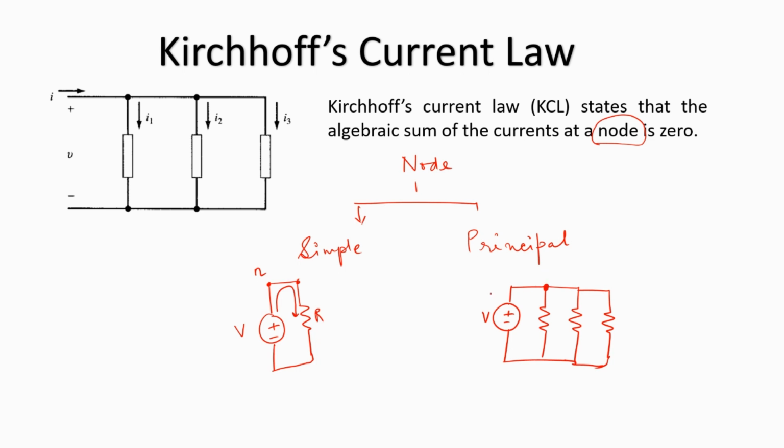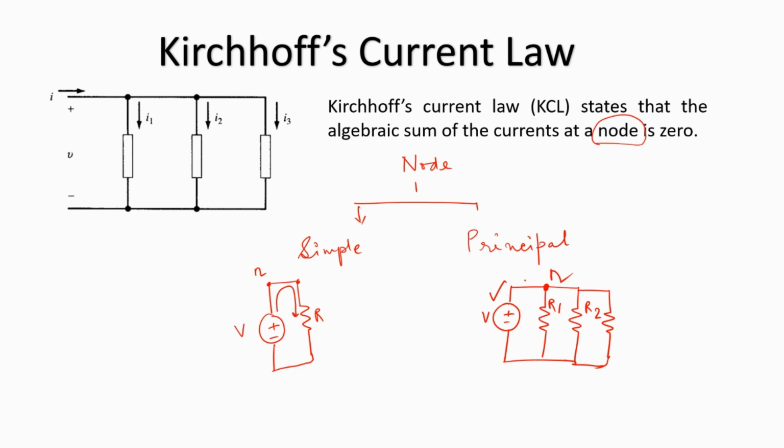Why? Because to this node, there are three components connected: this voltage source, this resistor R1, and this resistor R2, which is connected to node N. So that is the difference between a simple node and a principal node.